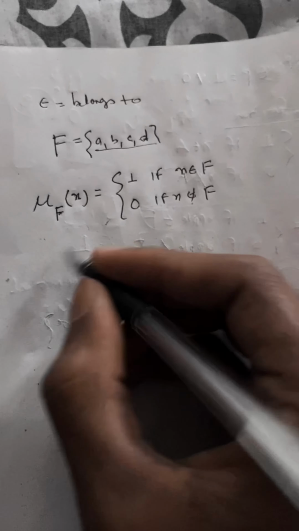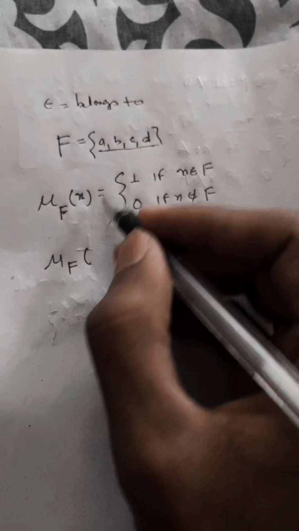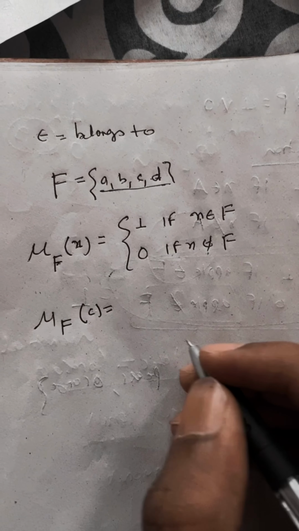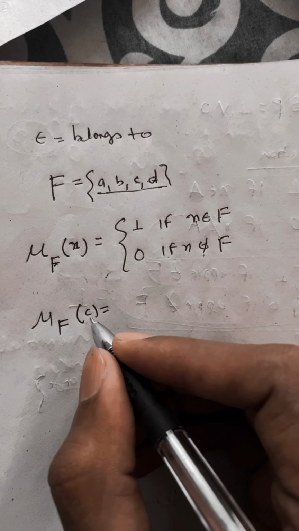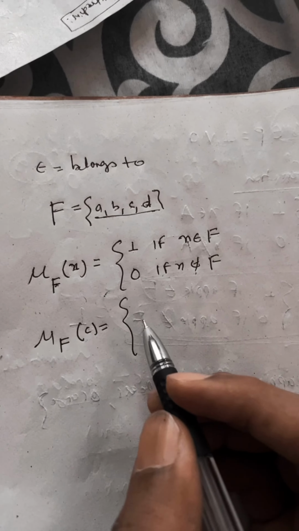Now we can evaluate this function for each of these values. For example, mu F of, let's say I'm going to pick an element from this, let's say C. So in the place of X we can put C. What is the answer if you evaluate this?